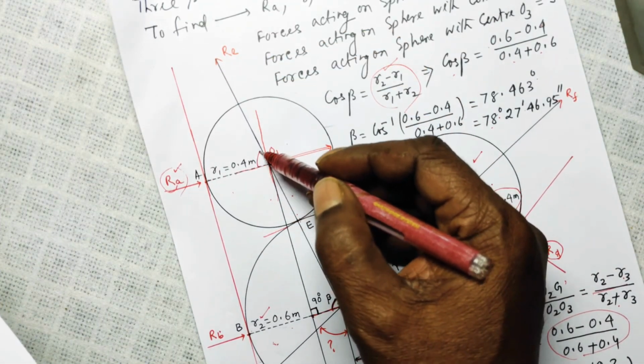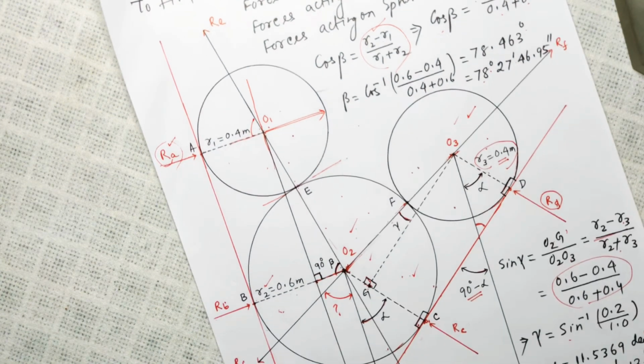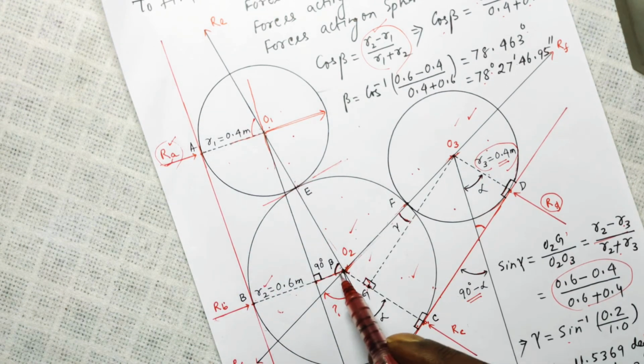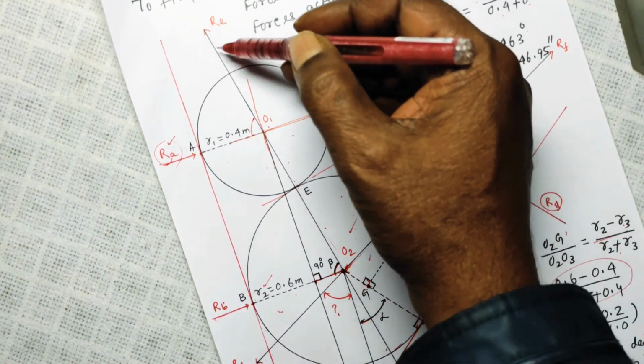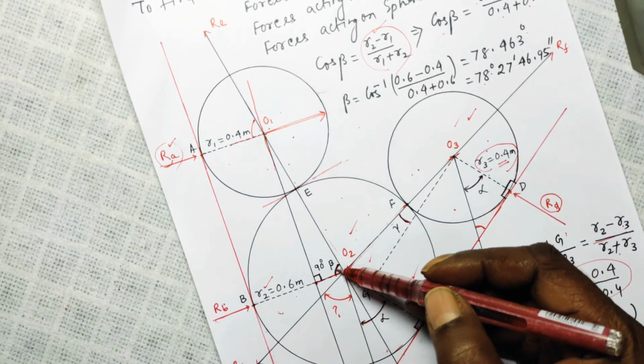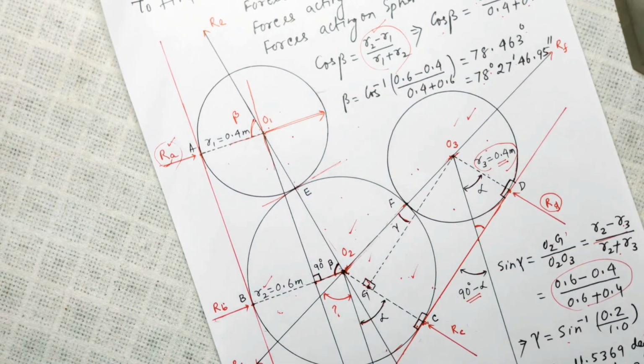The question then is how this angle is equal to beta. Now if you look at this, this line is parallel to this line, and this direction of RE is a transversal. So if this angle is beta, then this will also be beta, the corresponding angle.